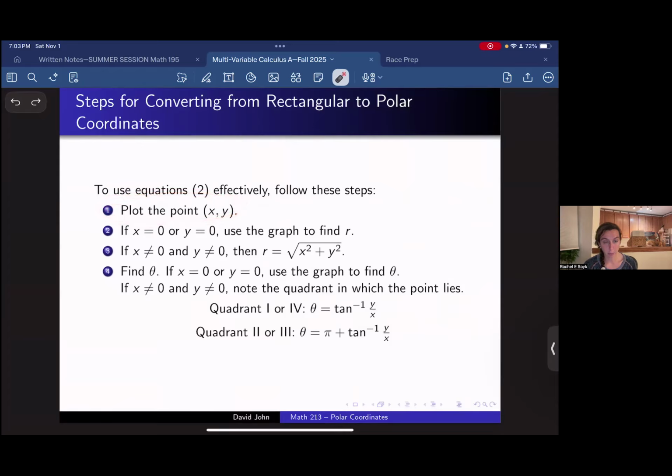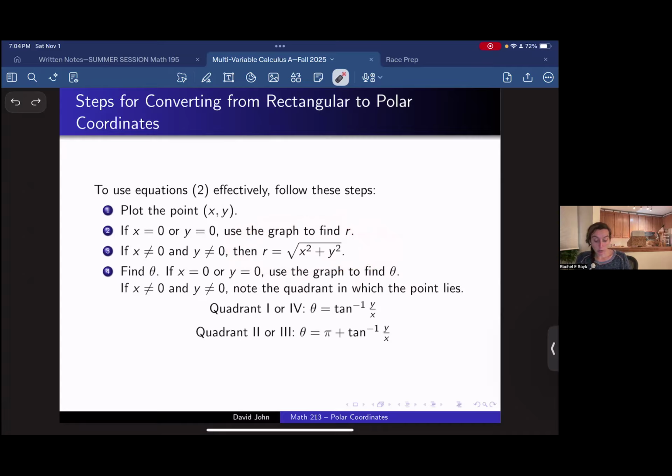First, we plot our point, and if our x or y are equal to 0, we're going to use the graph to find what our r value is. It's pretty straightforward. It's going to lie on our axes. Now, if our x and y aren't 0, then we're going to use our whole r is equal to square root of x squared plus y squared.